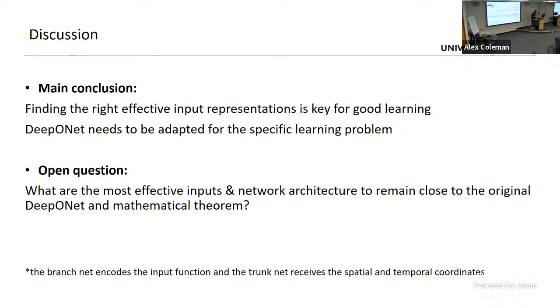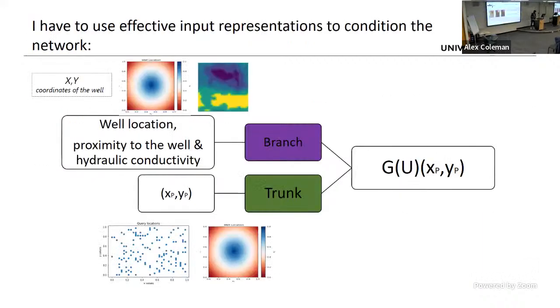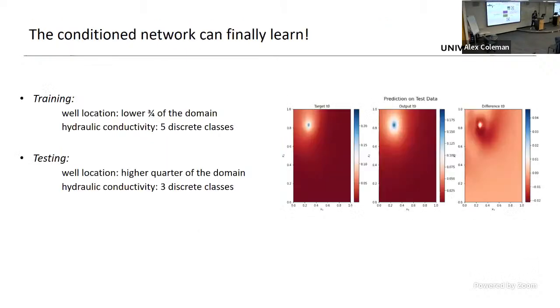An open question is that, if I go to the previous slide, I'm giving the location of the well also to my trunk net, but according to the initial conventional DeepONet, the input function is only on the branch net. And I would like to stick to the conventional DeepONet.